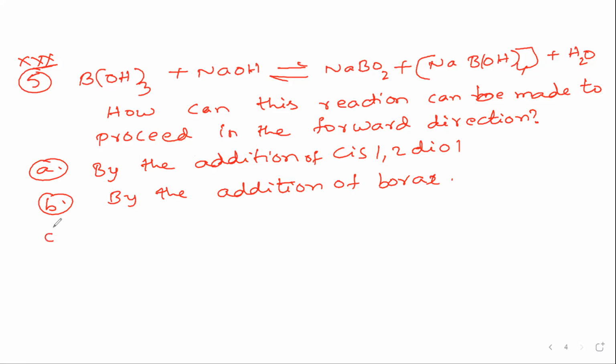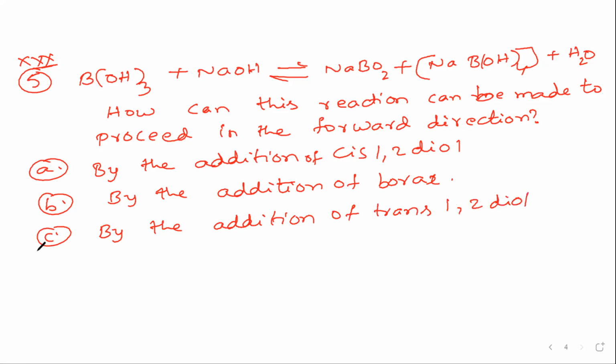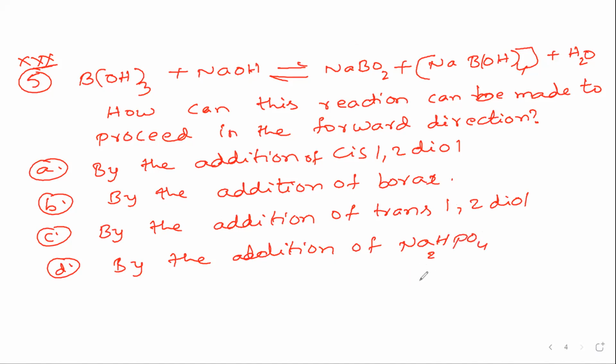Next, by the addition of trans 1,2 diol. And the fourth one, by the addition of sodium hydrogen phosphate, Na2HPO4, that is disodium hydrogen phosphate.